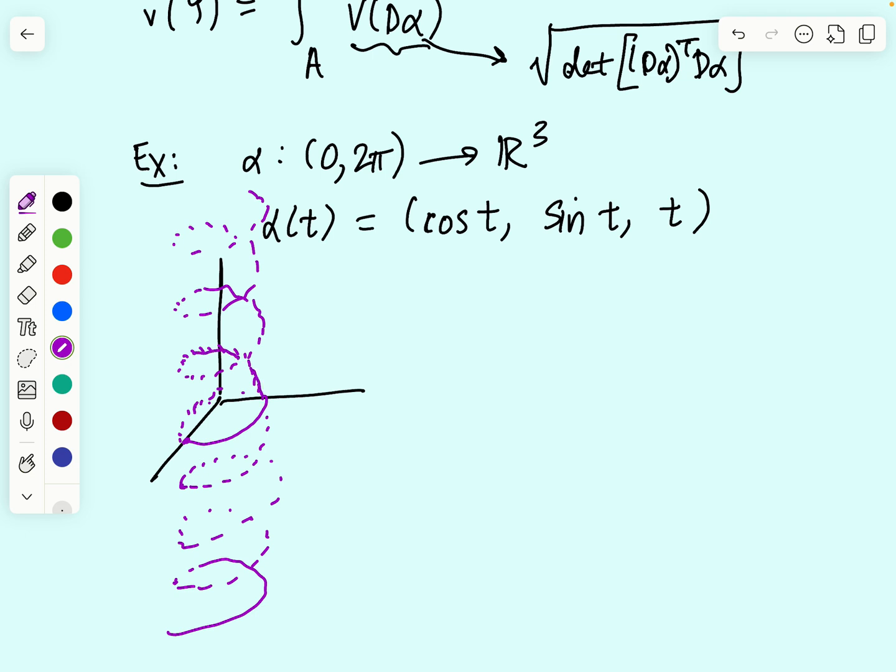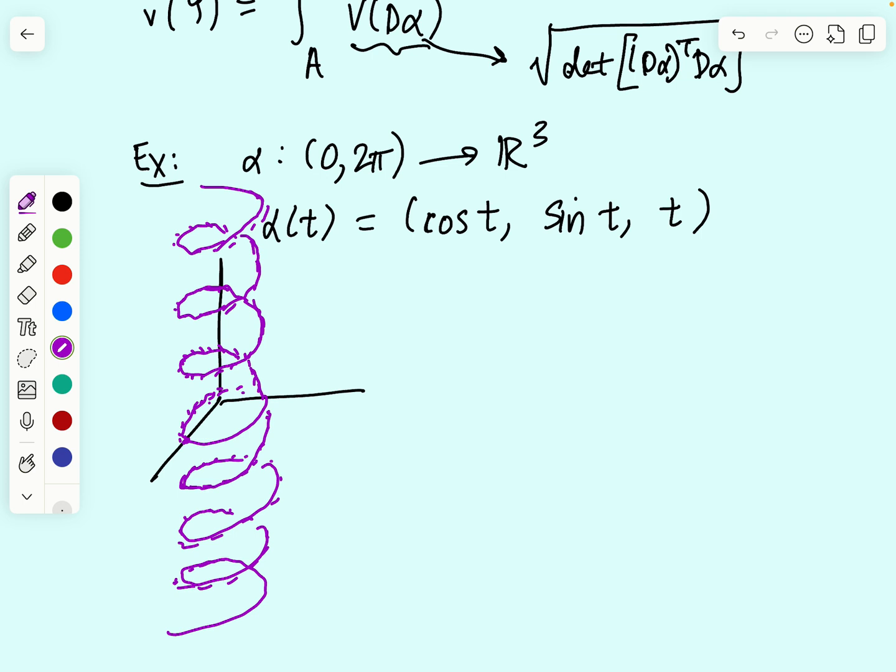Sort of this shape. And it goes around the circle every 2 pi.